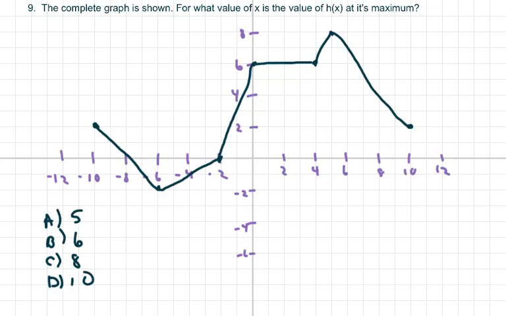So you have to pay careful attention to the axis labels because they are not given in increments of 1. I'm going by 2's here. So basically, the highest point of the graph has a maximum at 8 right here. Alright?